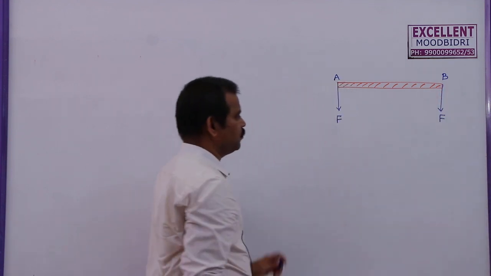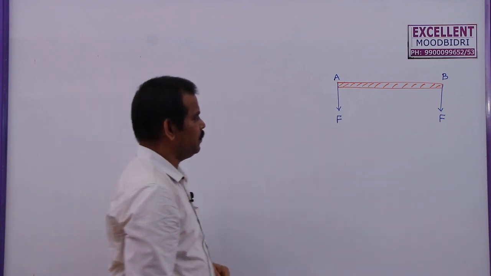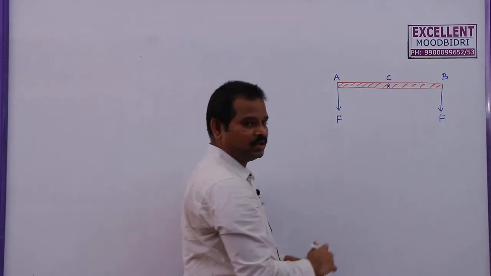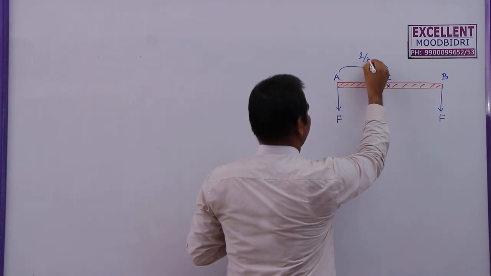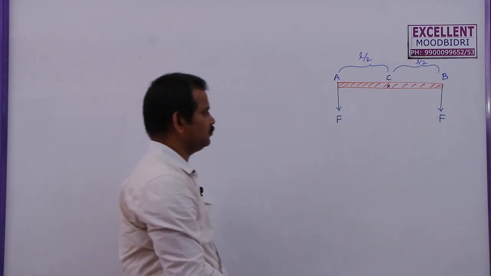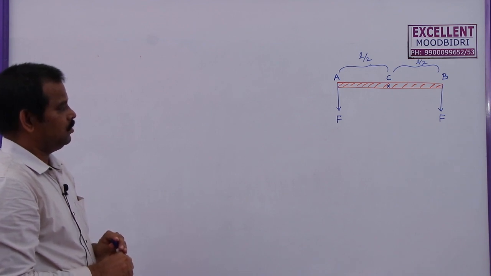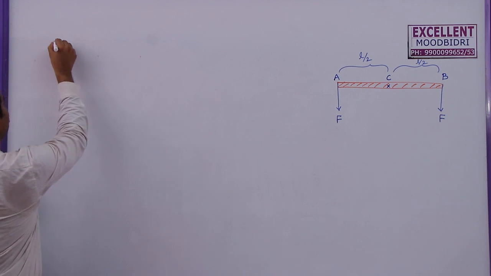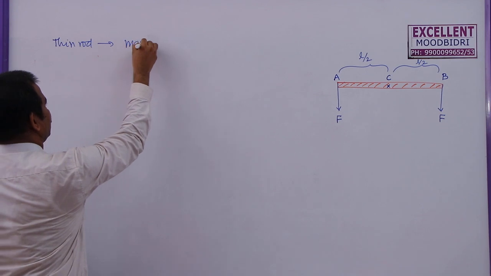This is also F. Let us say two equal forces are acting on this rod at points A and B. Let me take the center of this one as C. Let the length of this rod be L. As it is the midpoint, let me take this as L by 2, and this one is also L by 2. Now, in this case, what is the total force acting on this system? Remember students, here this thin rod, the mass is negligible.